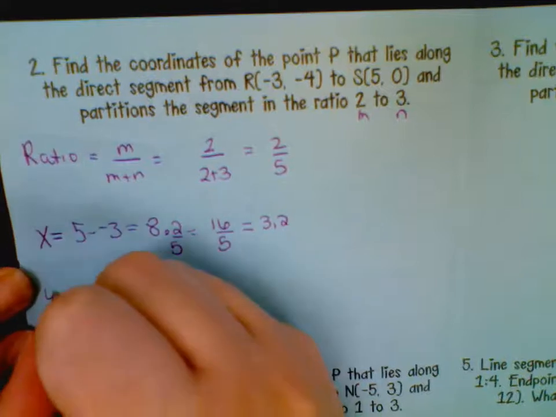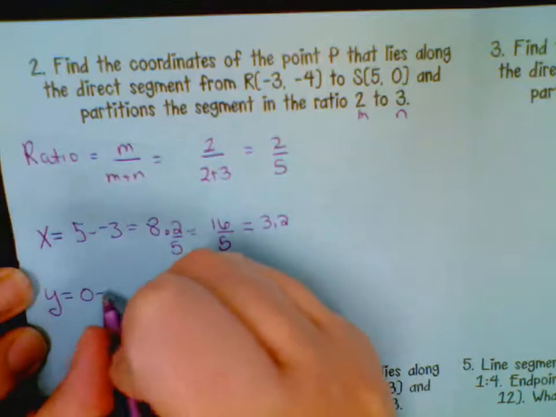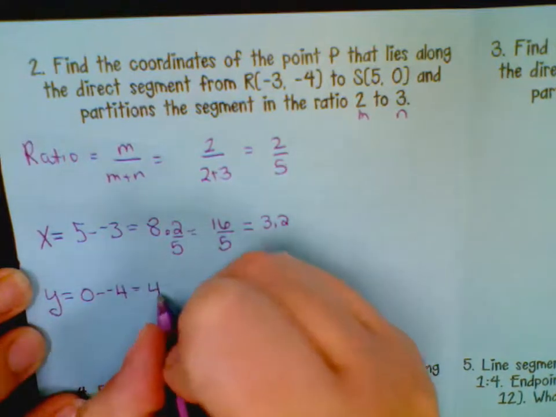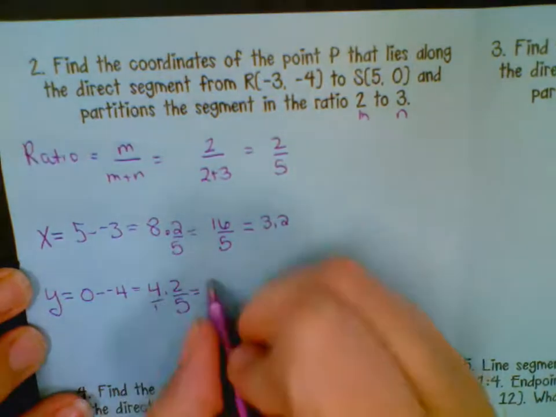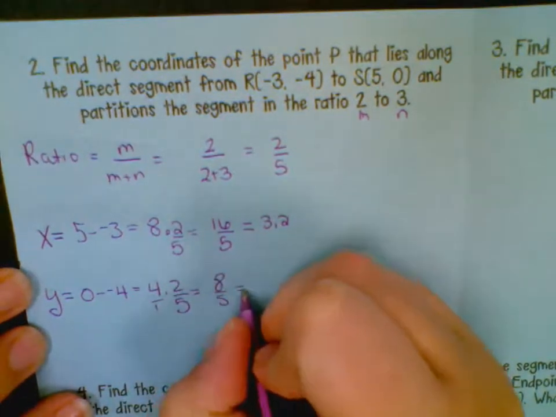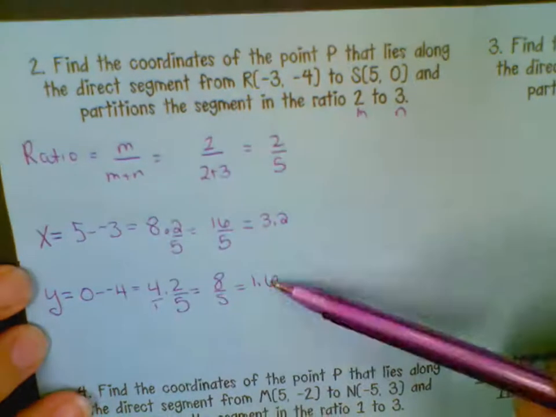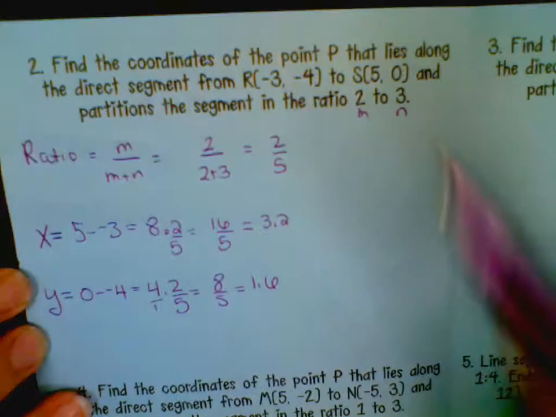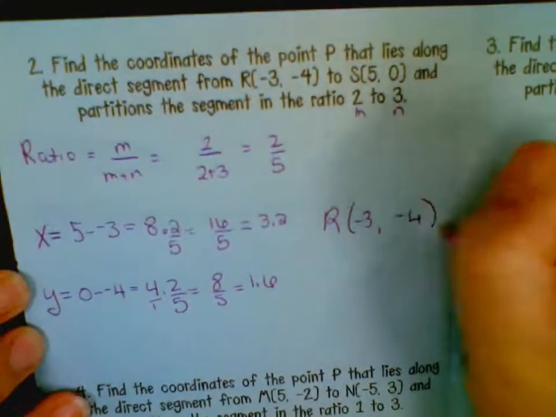So now we'll do the same thing for y. So y2 minus y1, 0 minus -4. It's 4 times our ratio. So remember, over 1, so that's 8/5, which is 1.6. So remember, these represent how far we're moving from that original point. So now we have to take our original point and apply our change.